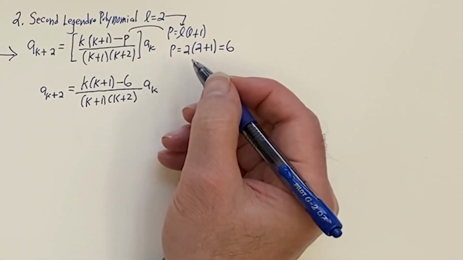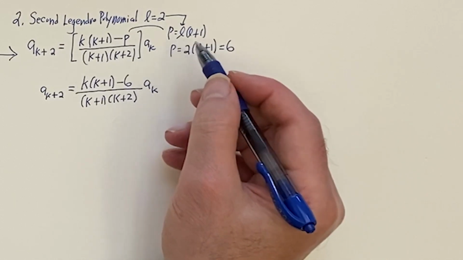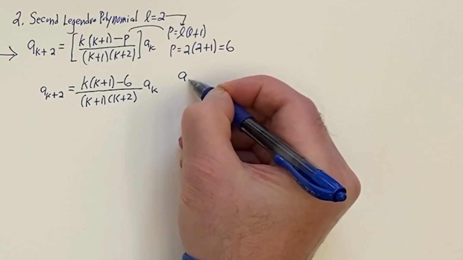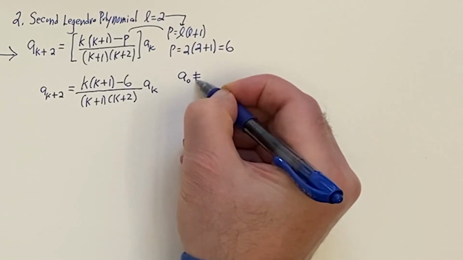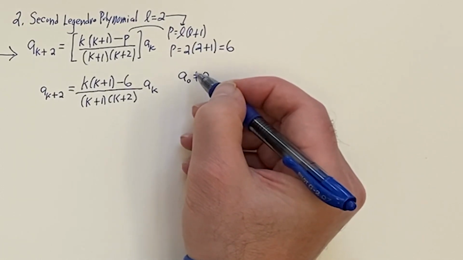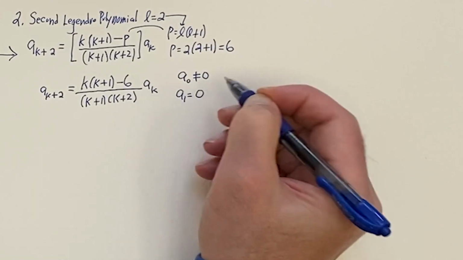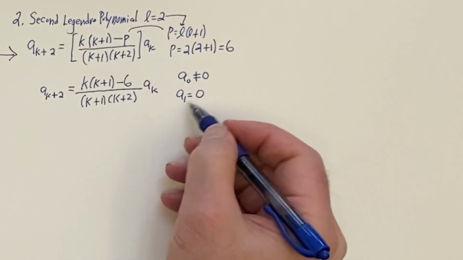All right, now, if you look at this, since this is even, we're going to pick a naught not to be 0, and we're going to pick a1 to be 0. Now, let me just emphasize why that's important.